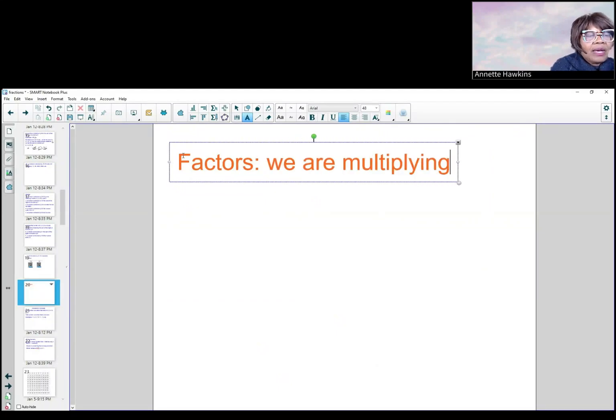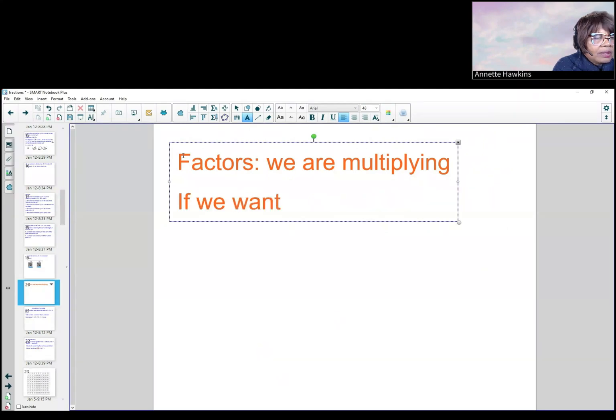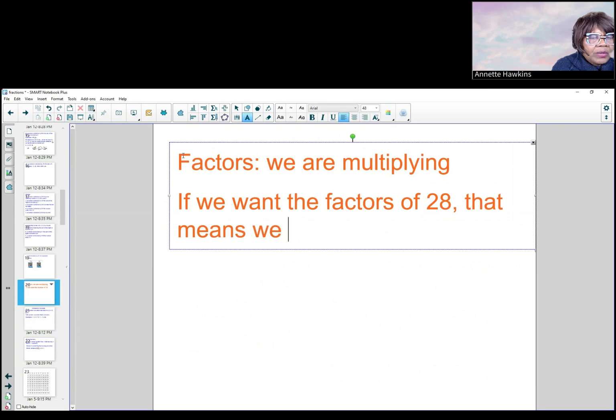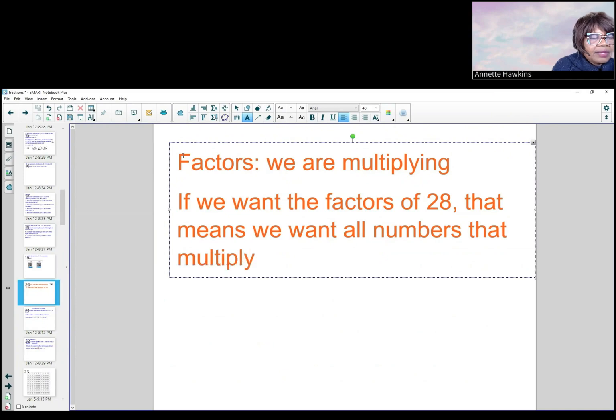So if we want the factors of 28, that means we want all numbers that multiply to equal 28.